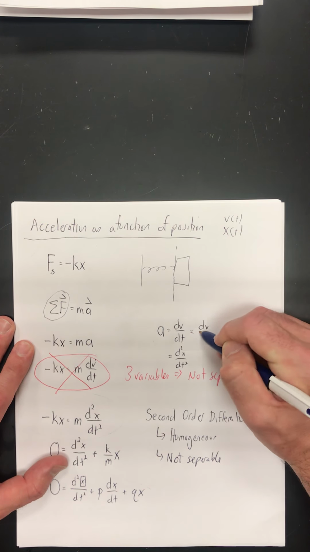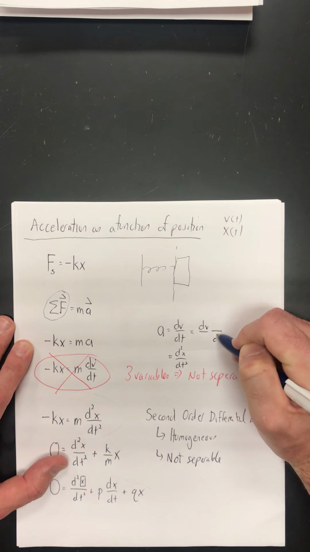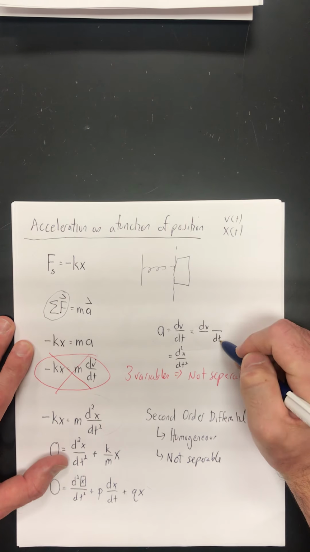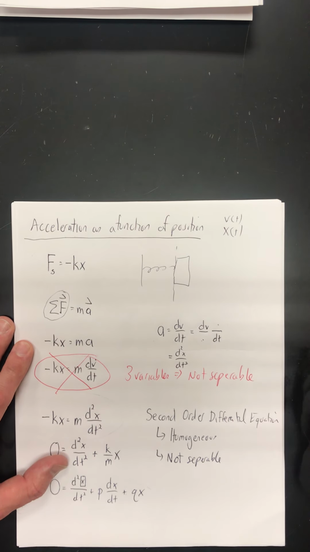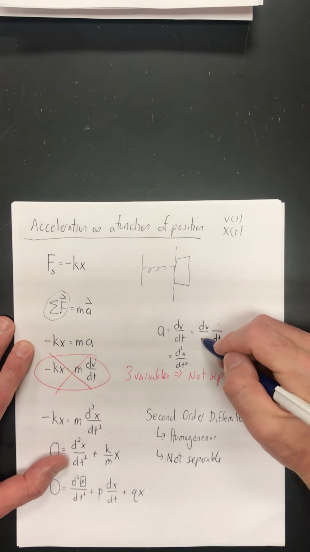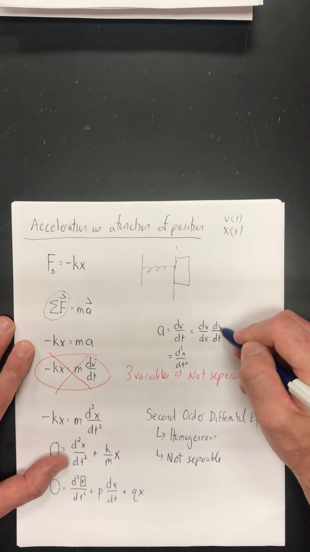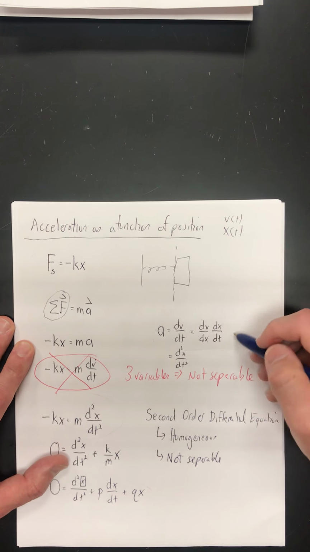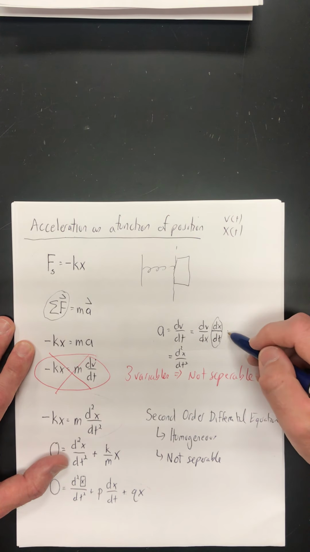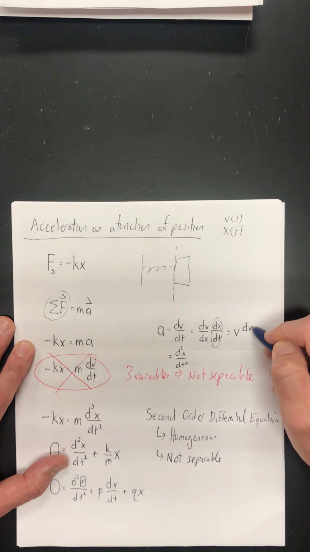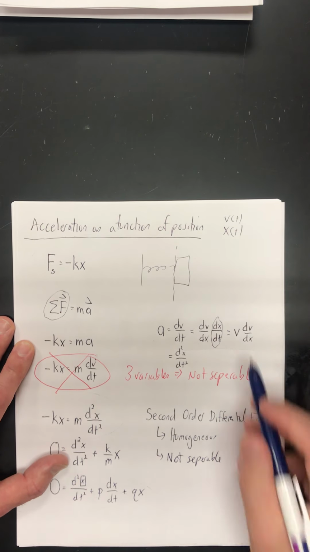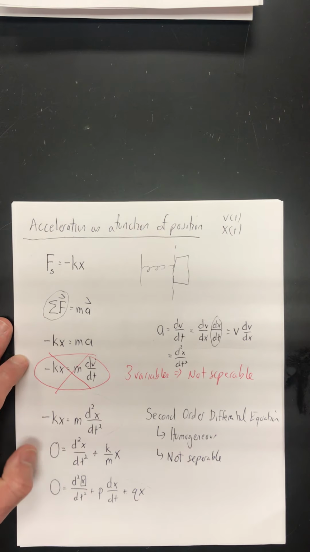What I can do here is turn this into a little bit of a chain rule. dv dt, as long as this is the same thing, I'm good to go. And because what I have here are x's, I'm going to use a dx dx. And if you look at this now, dx dt, that's just v. So a is also equal to v dv dx.